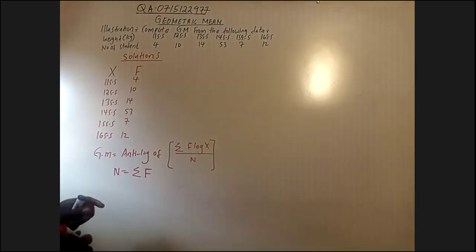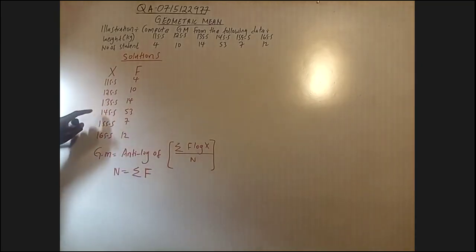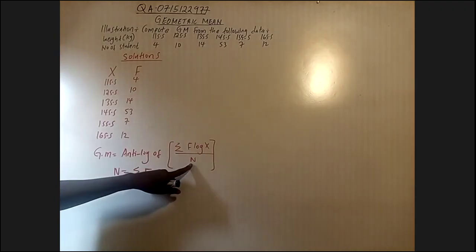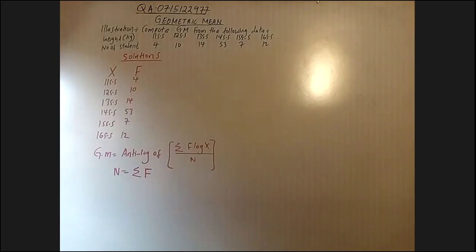So again, n was the number of items, 1, 2, 3, 4, 5, 6. Now here it would be 6. Here our n is the summation of the frequency. So we add the frequency together.